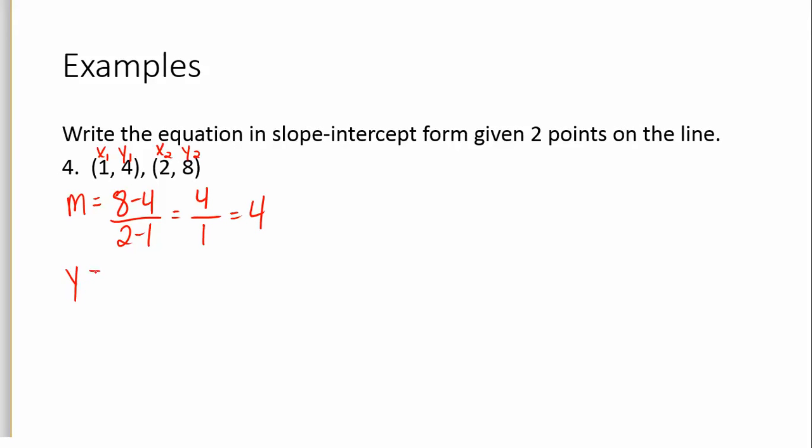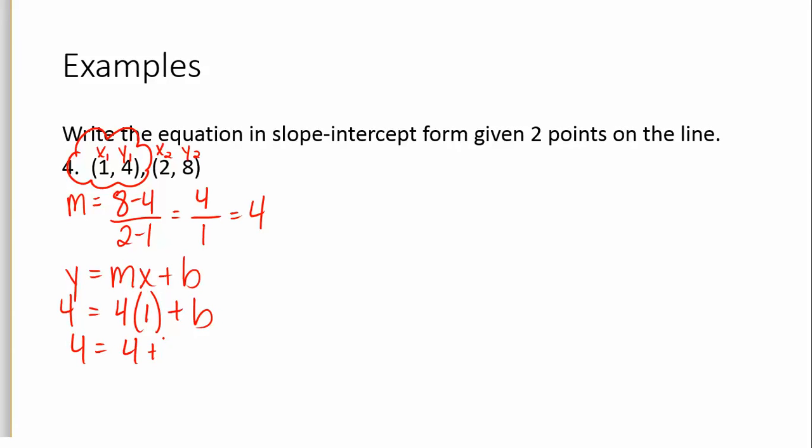So now when I write my equation, I'm going to plug in 4 for the slope. And I'm going to plug in, again, I'm going to use the first ordered pair. 4 for y, 1 for x. And when I solve, subtracting 4 from both sides, I get 0 for my y-intercept.